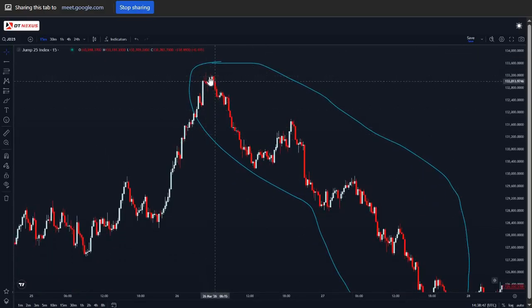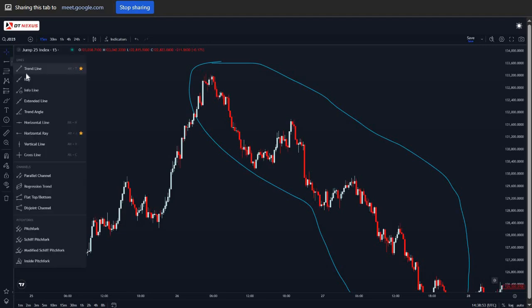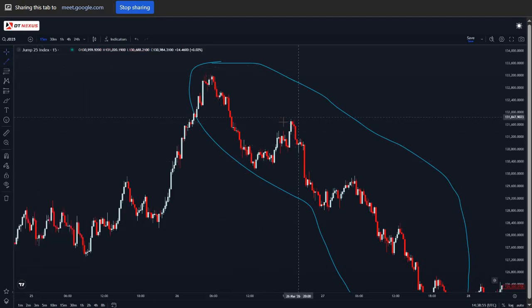So the market gives us the pullback. I would have waited for this, because this is your insurance entry. Believe me, just this alone would have made me understand it.